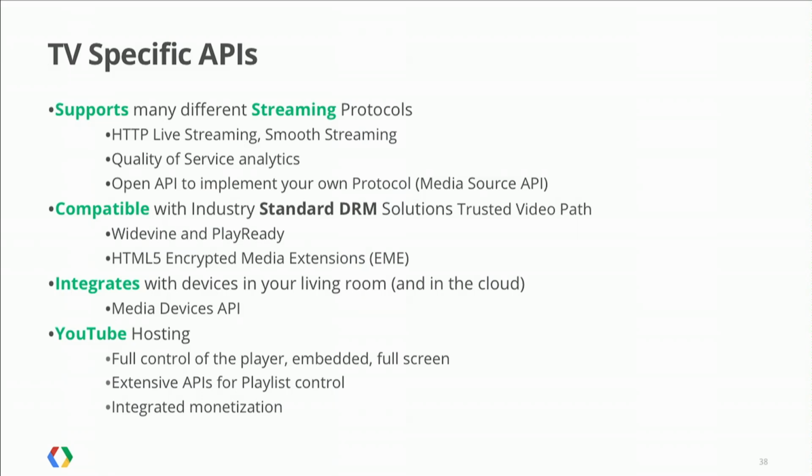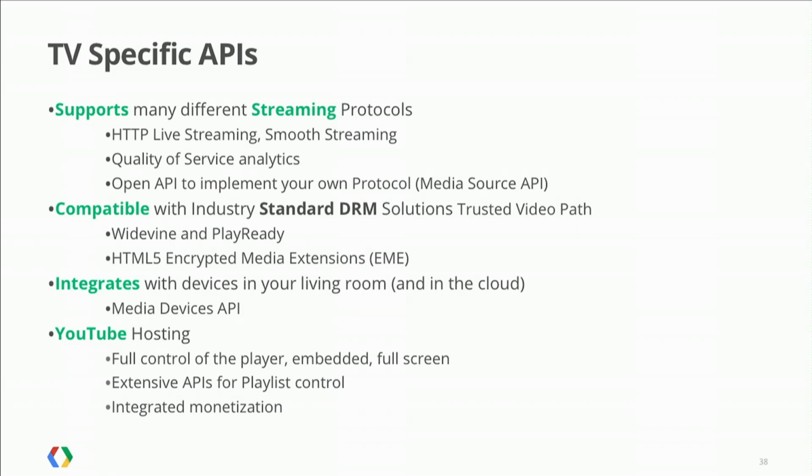So we make sure we support a wide range of different streaming protocols and media encodings. We also support virtually all industry-leading DRM solutions. We know users want the latest and greatest content on their television. We get a lot of requests from users who want streaming video content of all their favorite shows and all their favorite channels. With Google TV, we have a trusted video path.